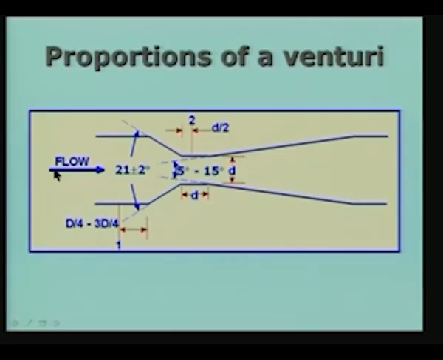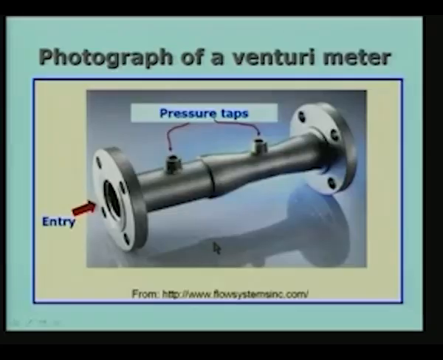So, the flow is taking place from this side. In fact, I have a small photograph of a venturi meter which is commercially made, taken from the website of Flow Systems Incorporated. They are the manufacturers of these venturis, and you can see the venturi meter is made exceedingly well.